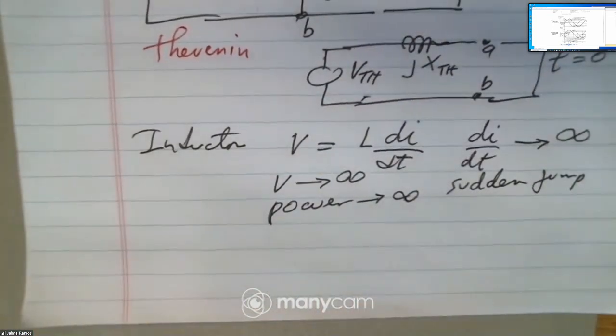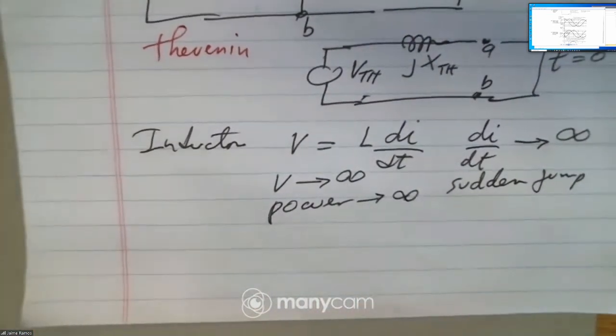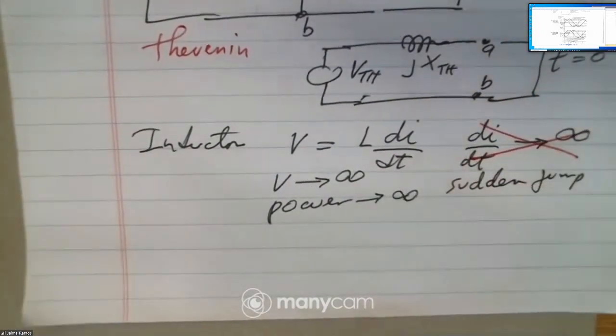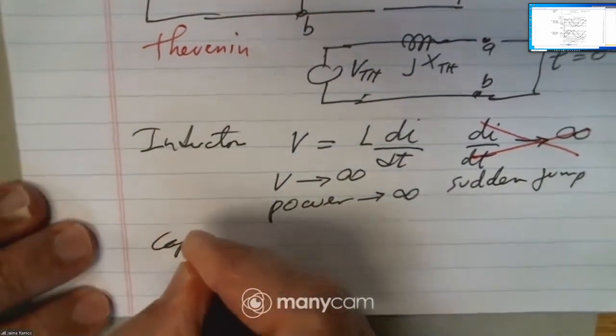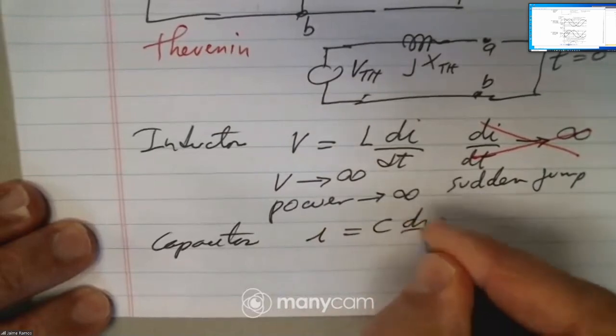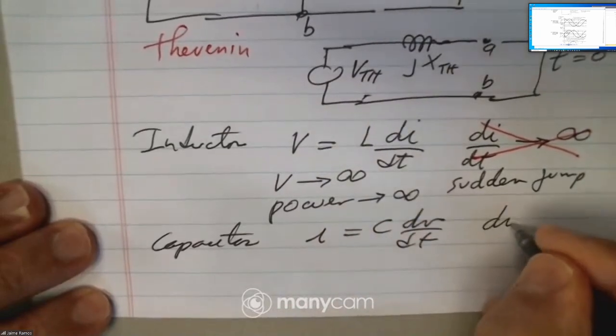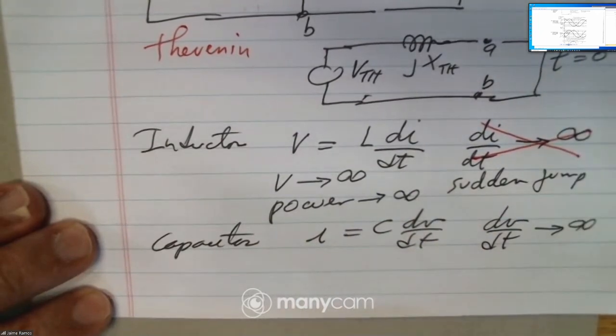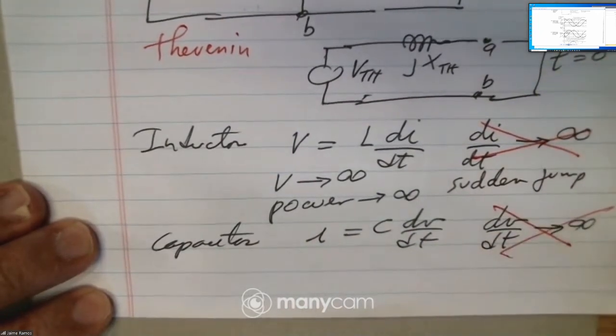So that's out of the question, okay? This is not permissible. The current cannot jump. Then for the capacitor, it is the same, but now the dual is: for the capacitor, dV over dt infinity is not allowed.